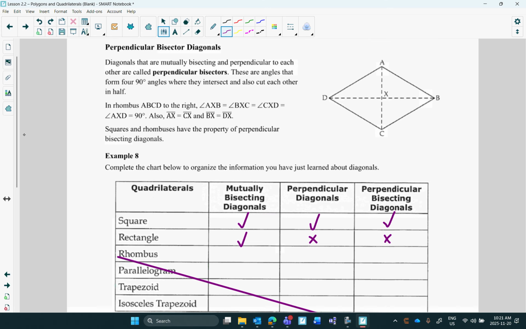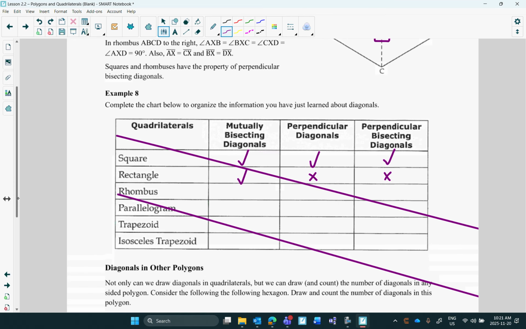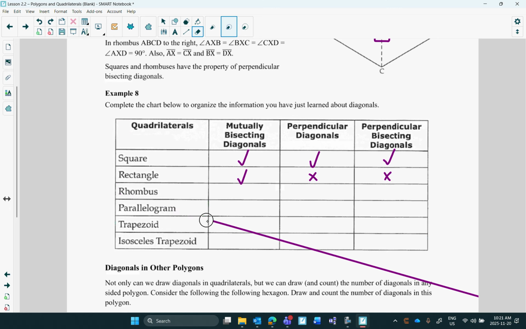Notice how they cut each other at 90-degree angles. Only squares and rhombuses do that. So a rhombus, like a square, cuts each other into equal segments, at 90-degree angles, which means they have to be both.